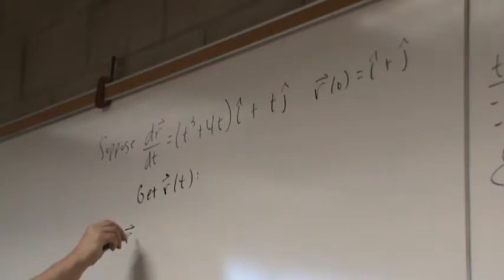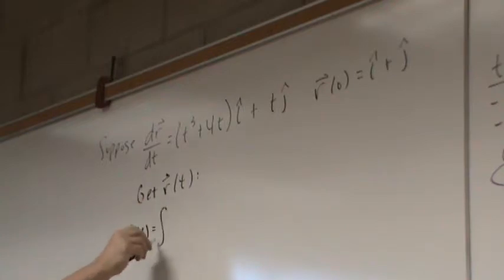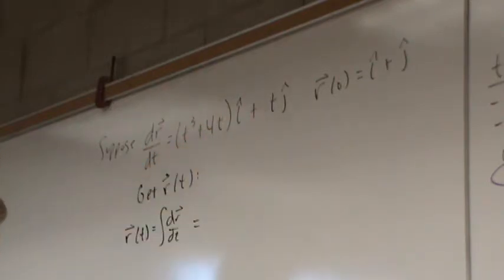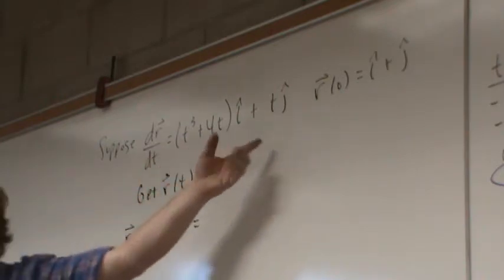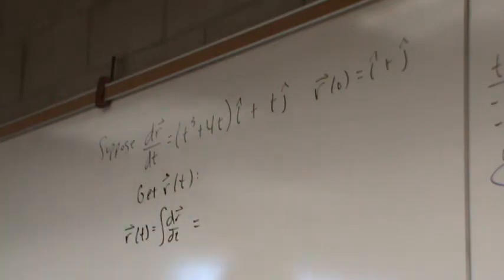r of t is going to be the antiderivative of dr dt, right? So let's take the antiderivative of these. But here's the thing, the x and y components are totally independent of each other. So ordinarily when I take an antiderivative, I have to sprout a constant of integration.